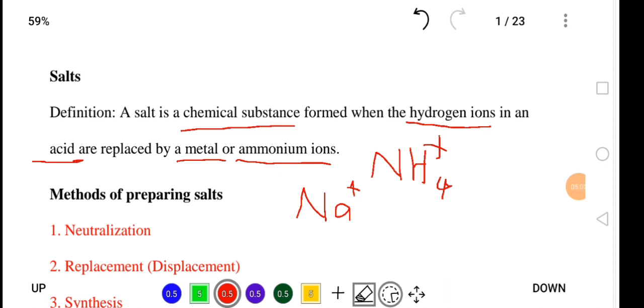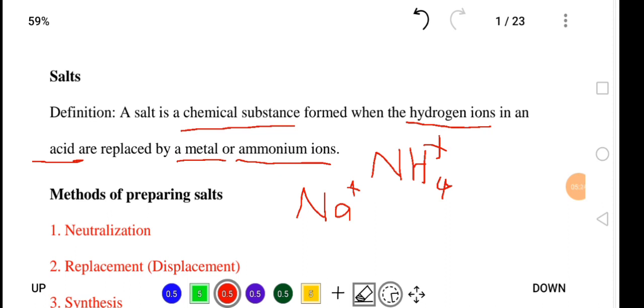That's the reason why when we use a base formed from ammonium, for example ammonium hydroxide, and react it with an acid, ammonium is going to react just like a metal. That is very important.